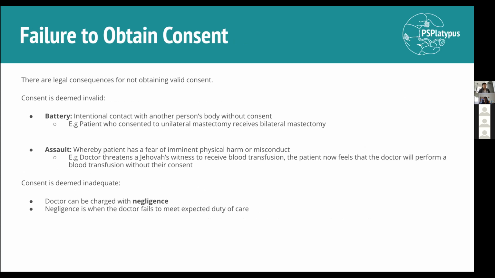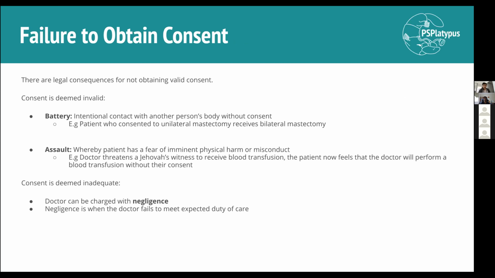Failure to obtain consent, which you'll explore a lot more during your actual classes. There are two forms of when consent is deemed invalid or not obtained, and that is battery and assault. Battery is basically the intention to make contact with another person's body without consent.